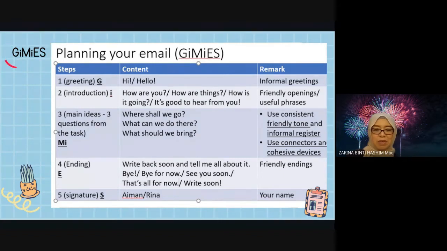We have steps, content and remark. For step number 1, you have to start your email with a greeting. So I put it as G. G stands for greeting. What do you normally write for greeting? You can write either hi or hello. This email is more or less like your PT3 essay question in part 1, which is also 80 words.